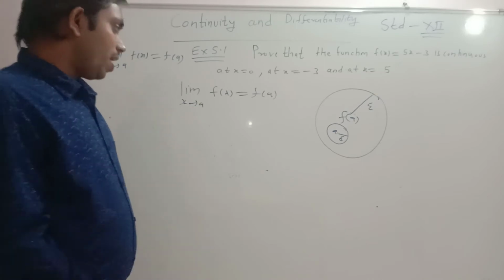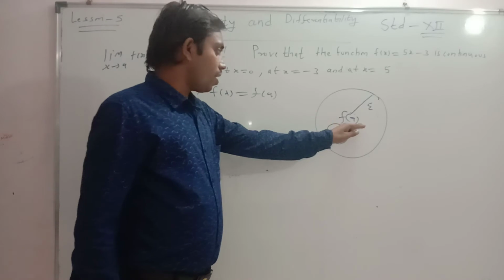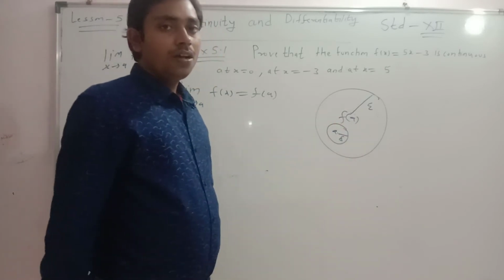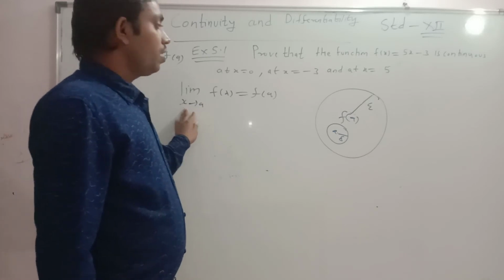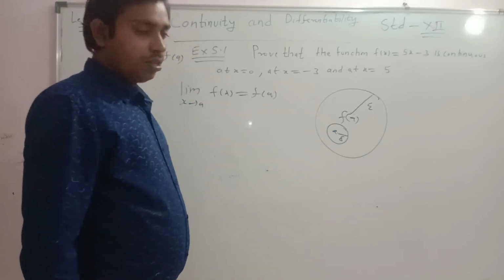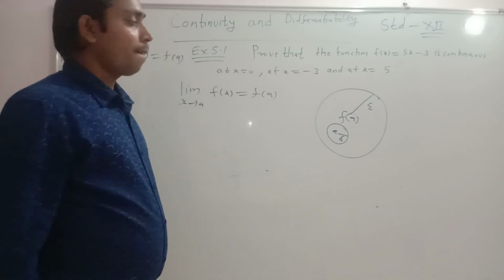So always keep in mind, my dear students, whenever the sphere with center f of a and radius epsilon contains the domain approach into that sphere, then the limit always exists.